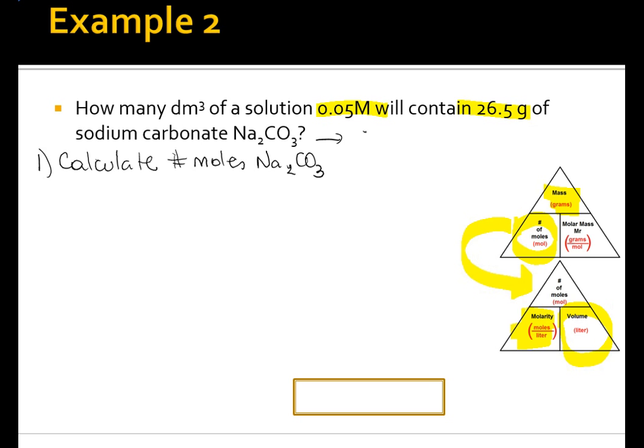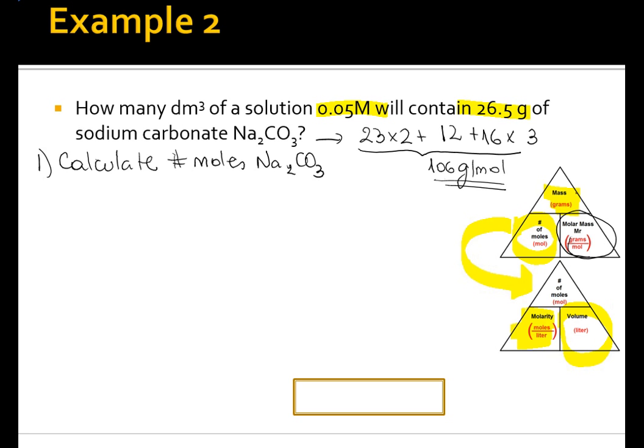So the sodium is 23 times 2 plus carbon is 12 plus 16 of the oxygen times 3, which is 48. So the molar mass is going to be 106 grams per mole. With this molar mass that we need here and the mass that we have, which is 26.5, we are going to calculate the number of moles of sodium carbonate.